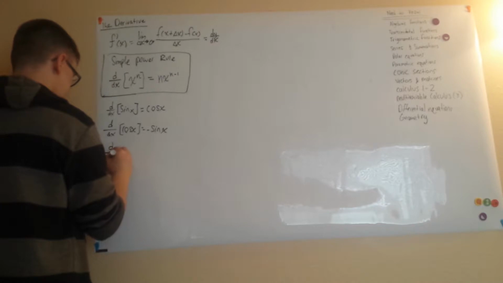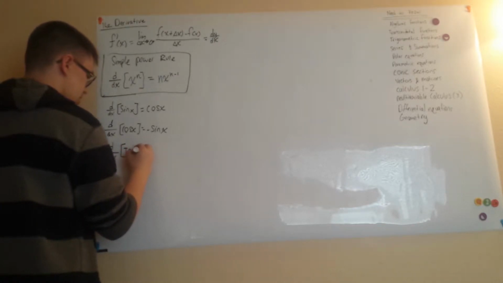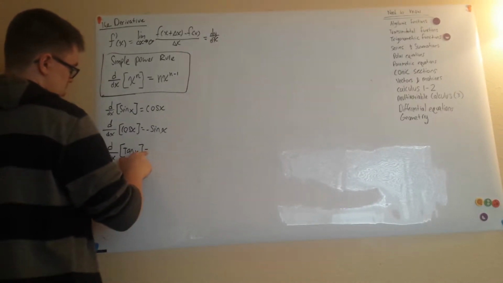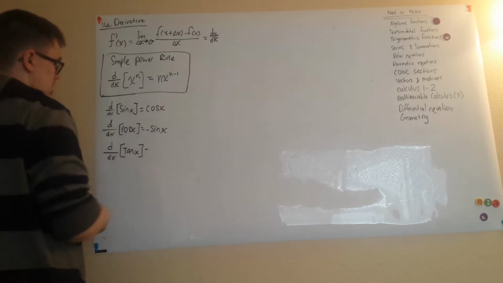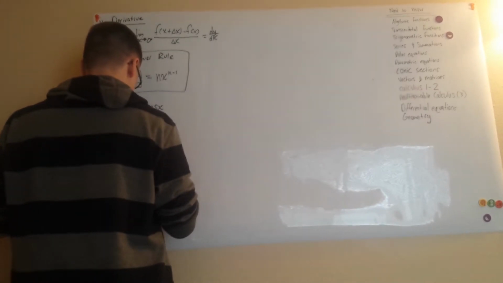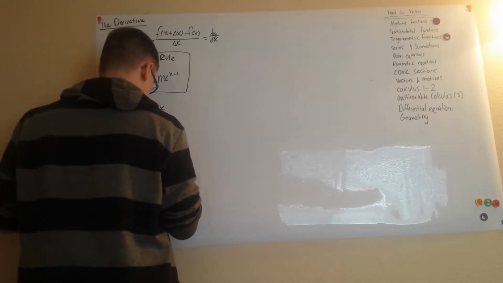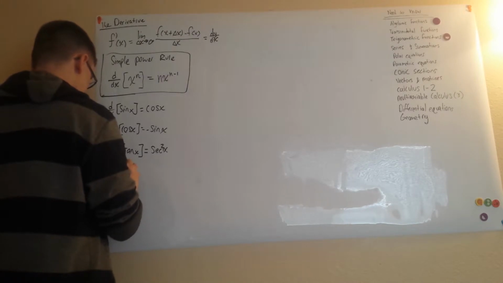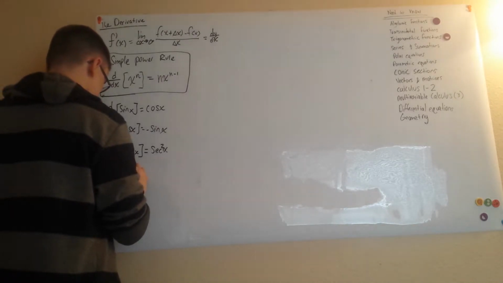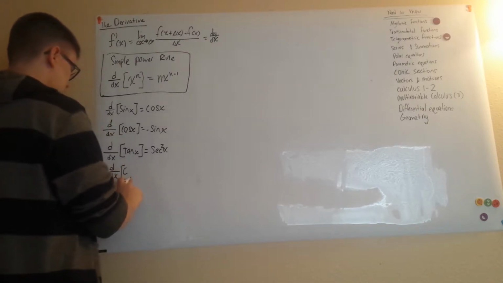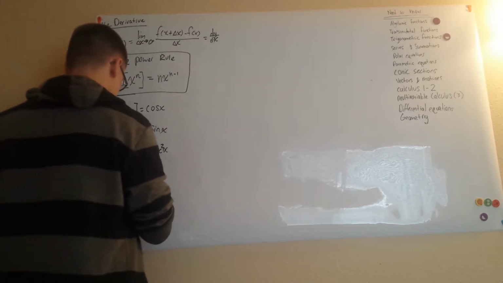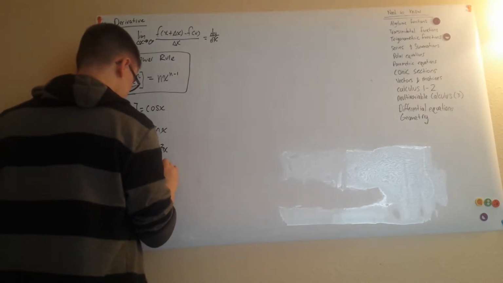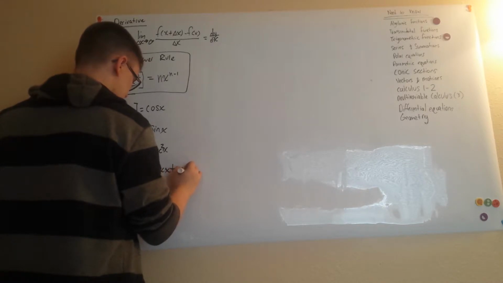The derivative of tangent is secant squared x. The derivative of secant x equals secant x tangent x.